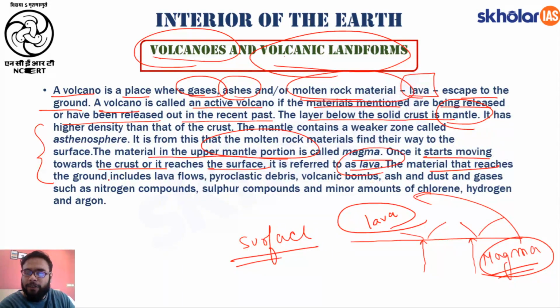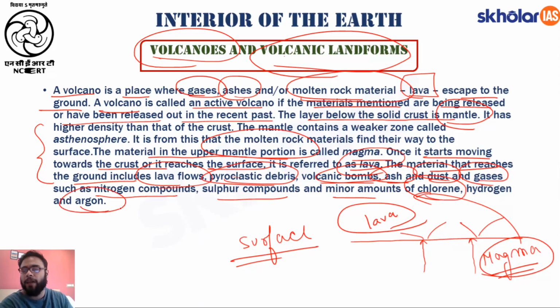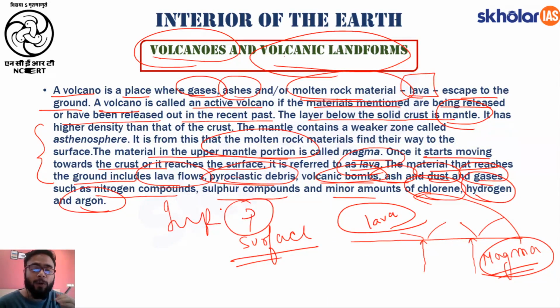And the material that reaches the ground includes lava flows, pyroclastic debris, volcanic bombs, ashes, dust and gases such as nitrogen compounds, sulfur compounds and minor amounts of chlorine, hydrogen and argon. Very, very important from your prelims perspective. So as homework, kindly go through this point.